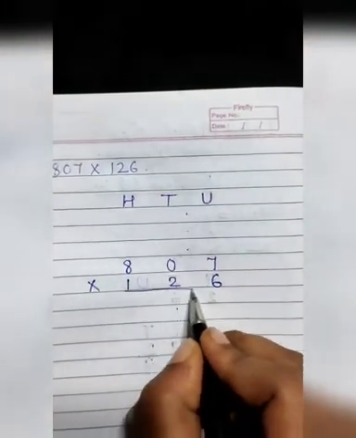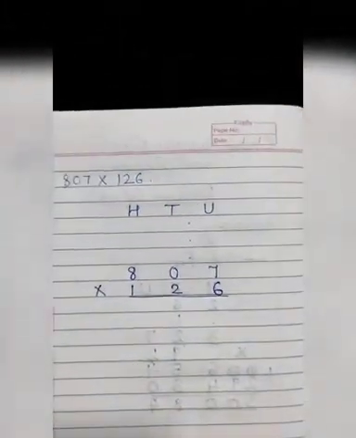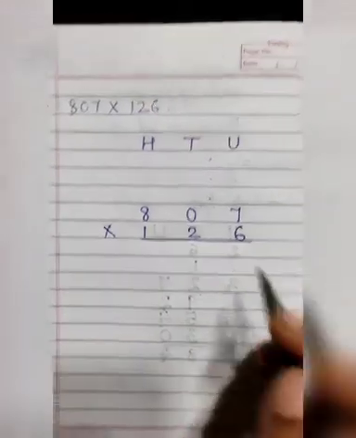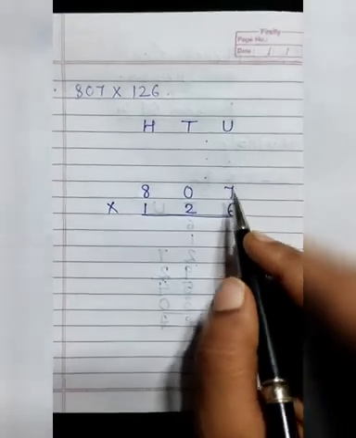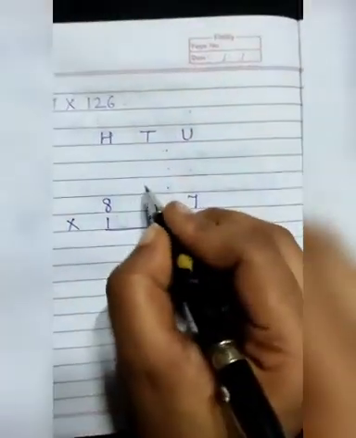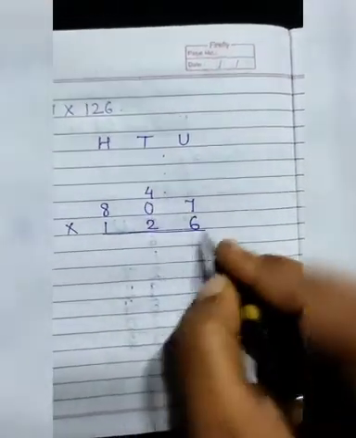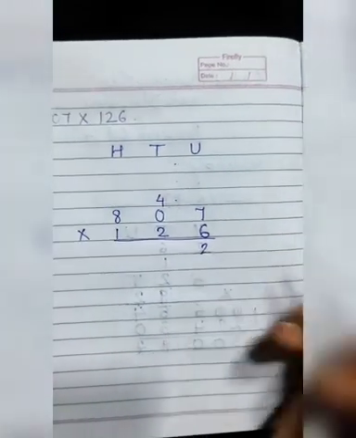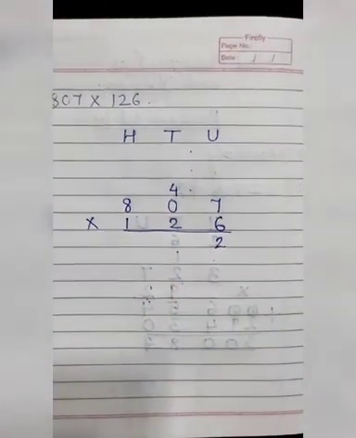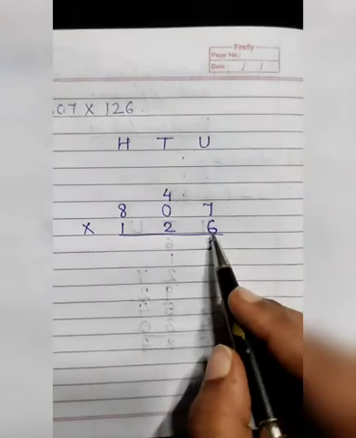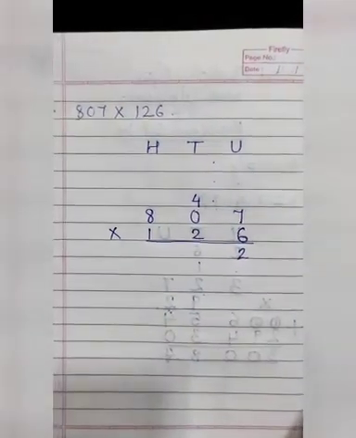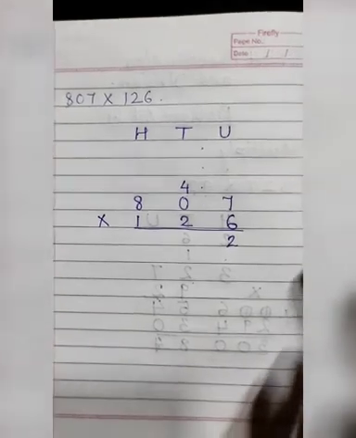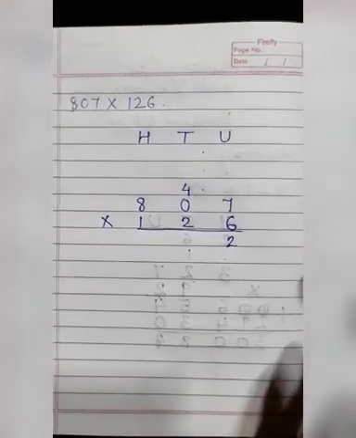So let's start with our multiplication. Now 6 multiplied by 7 will be how much? It will be 42. So 4 I am going to write here and 2 I am going to write down. Now 6 multiplied by 0. Always remember, if you multiply any number by 0, we get the answer 0.